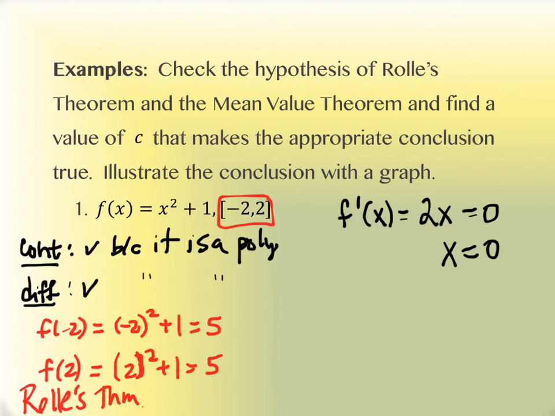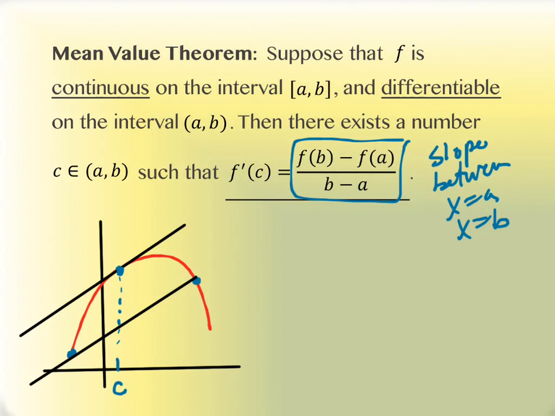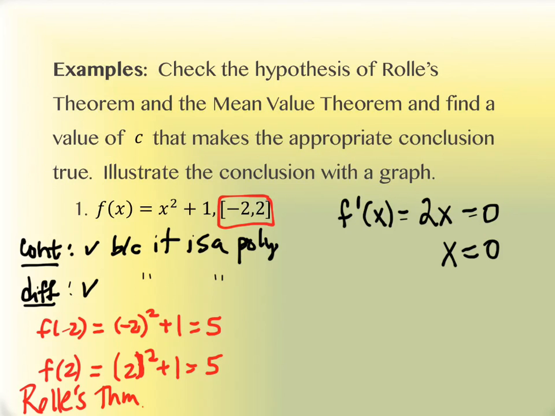Okay. All right, so let's go back to Rolle's theorem. It says then there's a number c, and our number is 0, between a and b, and our a and b were -2 and 2, right? So that works. So x equals 0.